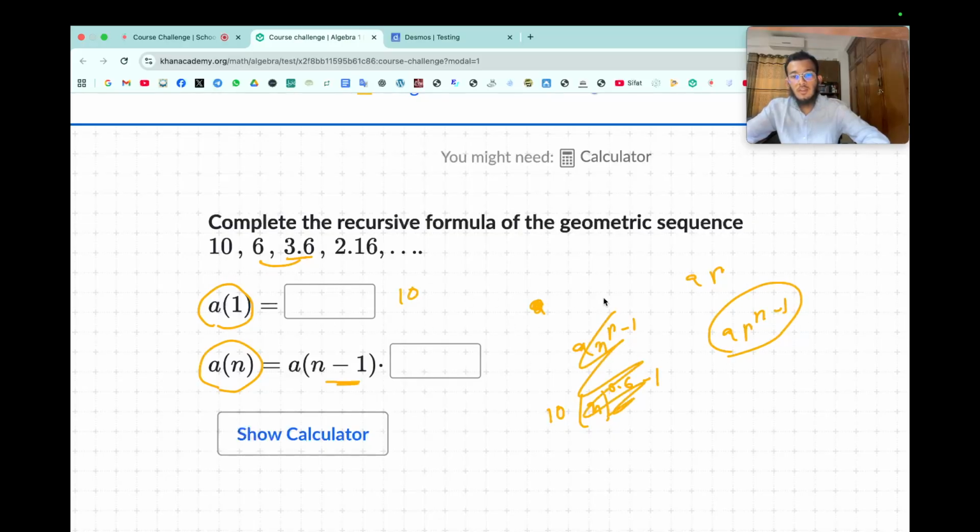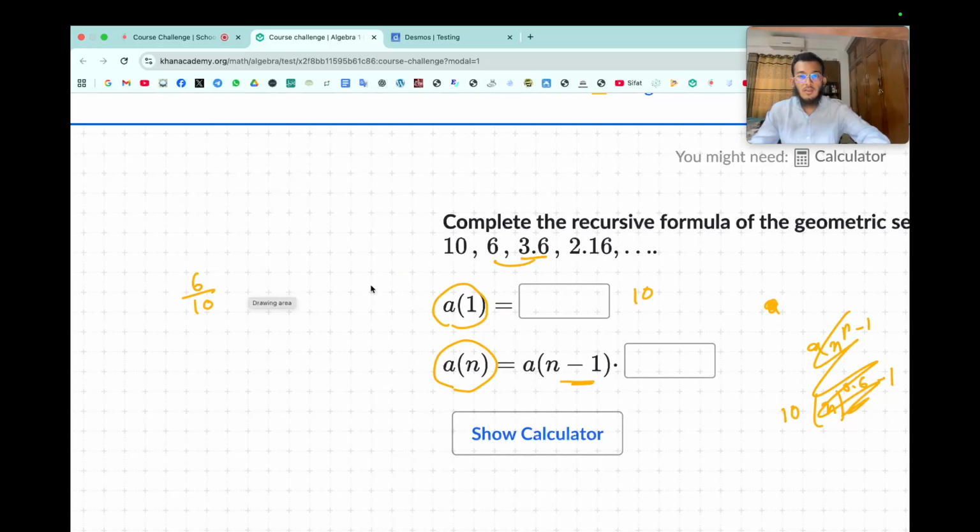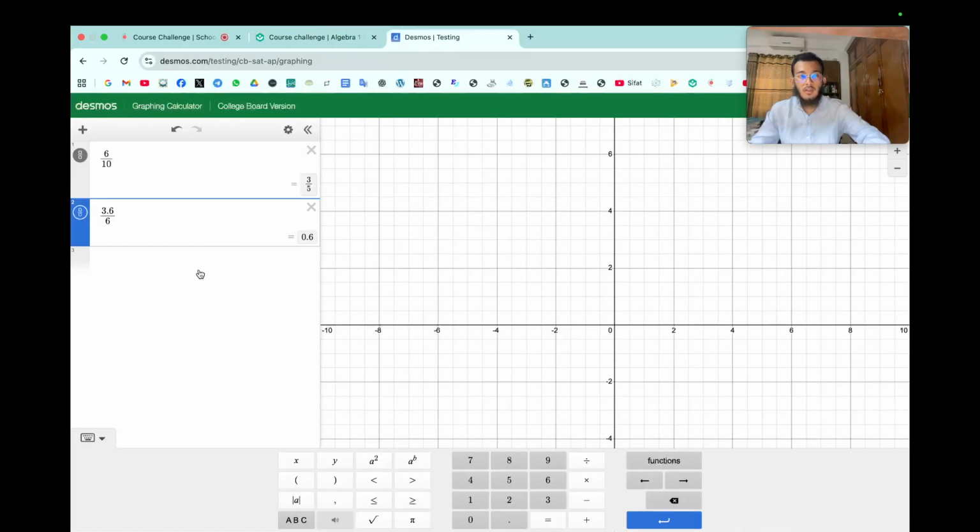So the first term is 10, then we multiply by the common ratio, 6 by 10, and then 6 by 10 squared. For the third term it gets squared, and for the fourth term it would be the power of 3.